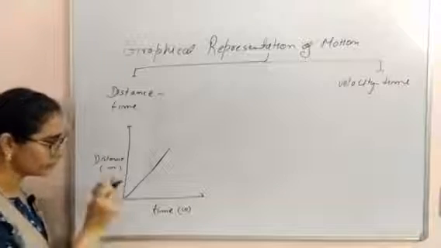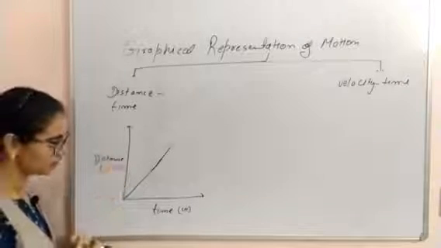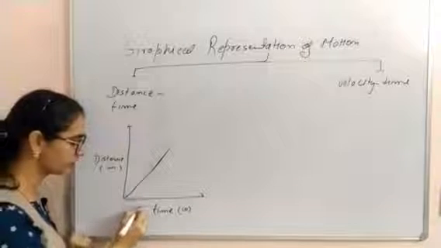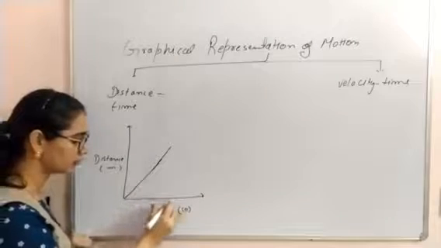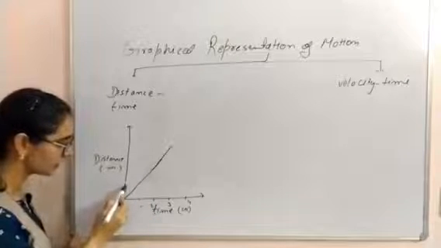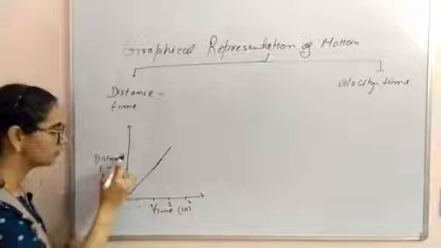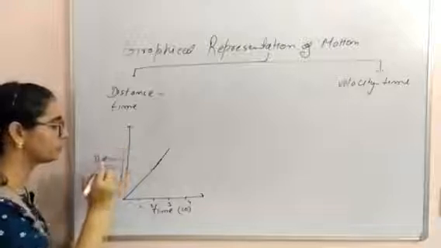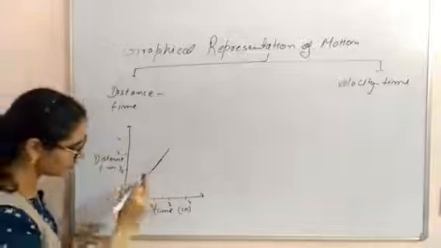I am going to provide you some points over the axes. Suppose on one axis we have 1, 2, 3 and 4, and on the other we have 1, 2, 3 and 4.